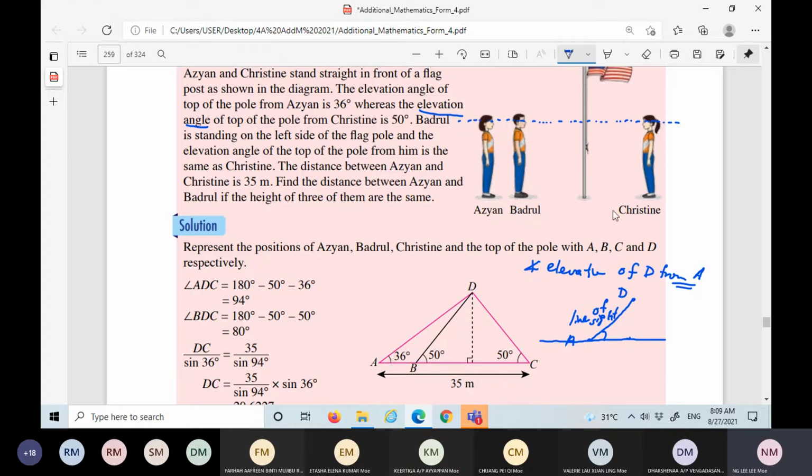This is a straight line. So they have this assumption: the height of the three of them is the same.